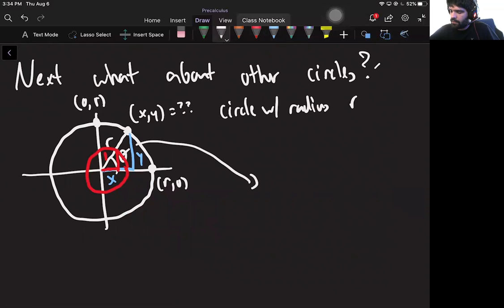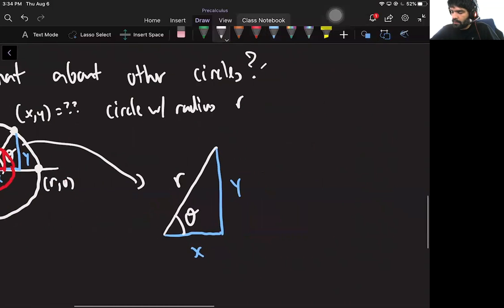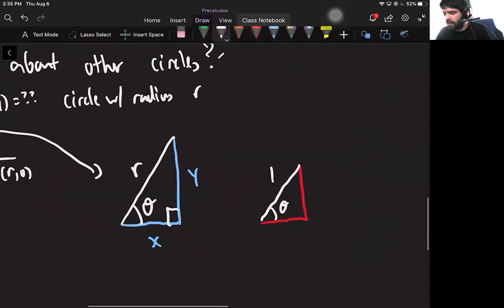So let's zoom out. Let me use the same colors actually. So here's this y and this x, and this thing is r. This angle is theta. This is a right triangle. And then we have the unit circle triangle, where what are these side lengths?